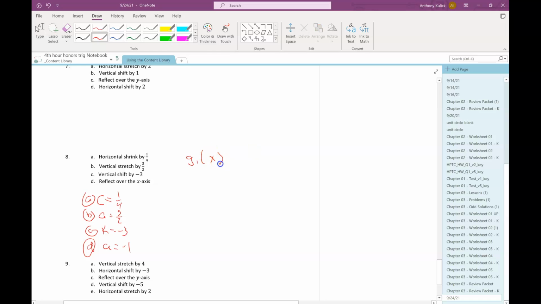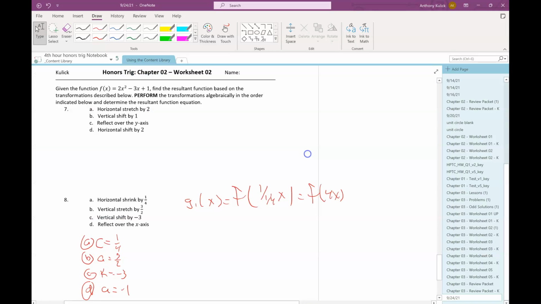Sorry. So far, so good. Okay, and my f of x in this case is 2x squared minus 3x plus 1.